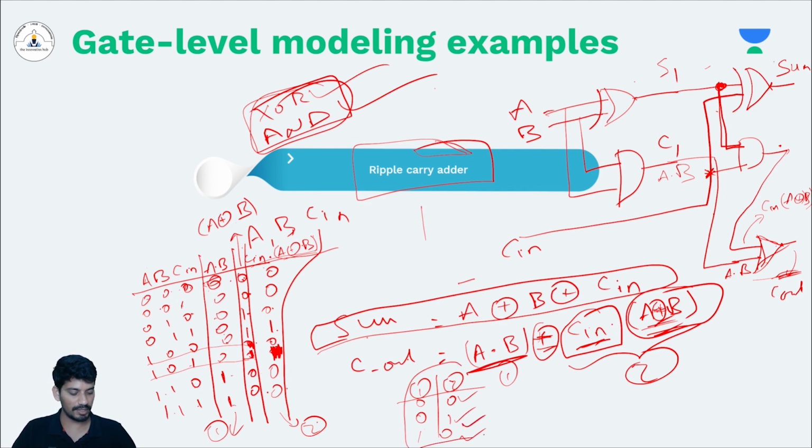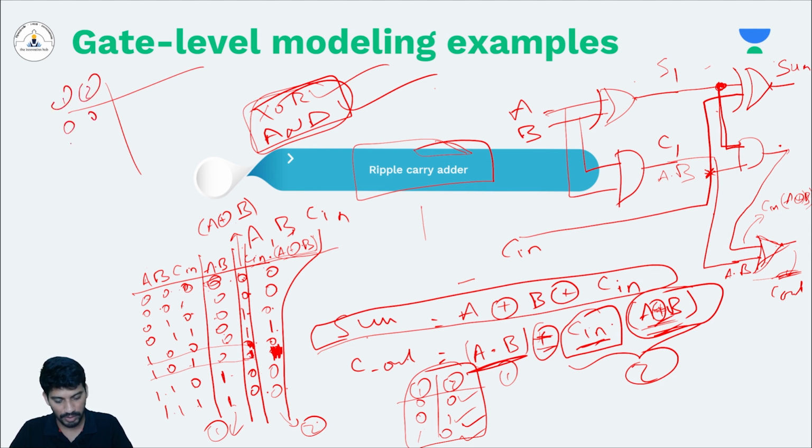So only three combinations are there, right? What I am trying to say is, for these three combinations, 0, 0, 0, 1, 1, 0, both OR gate and XOR gate output is the same. You remember?